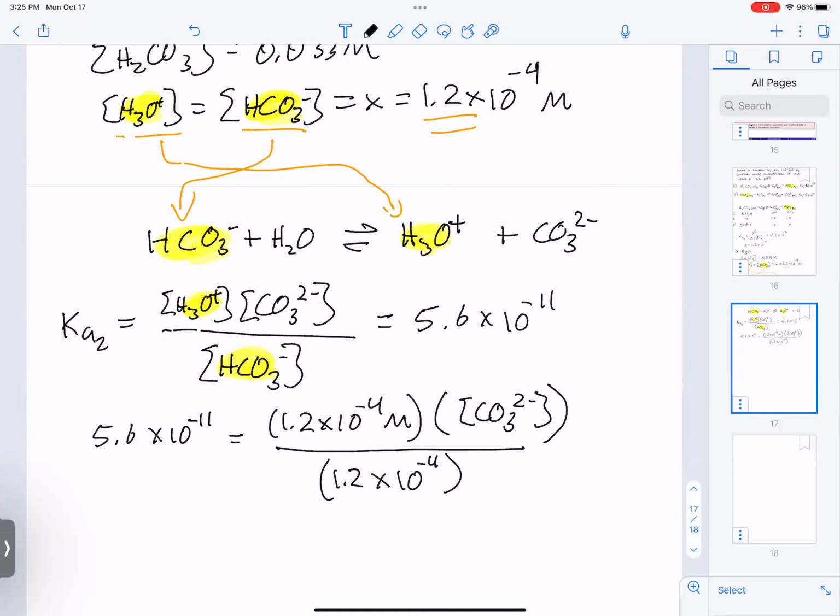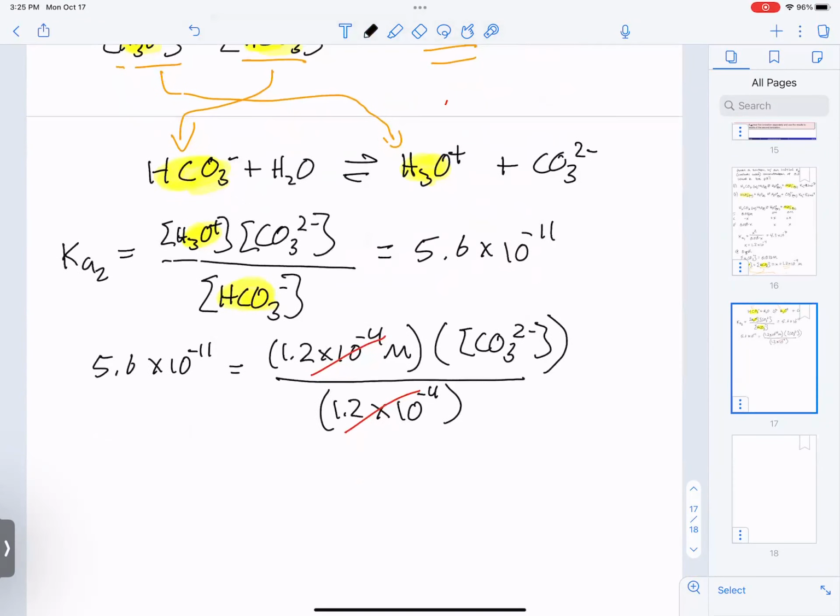Okay, and so we can see, just doing our cancellations here, this number is going to cancel this number here. We can conclude directly that our concentration of our last remaining species in this problem, the CO3 2 minus, is simply going to be equal to that Ka2 expression.